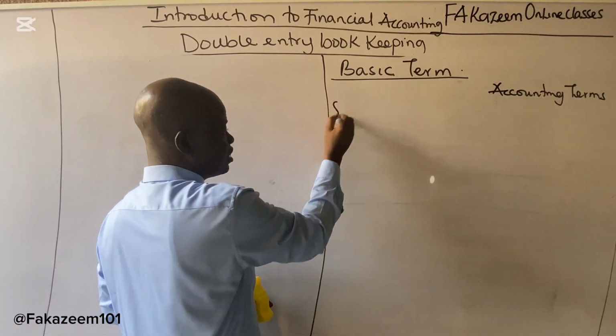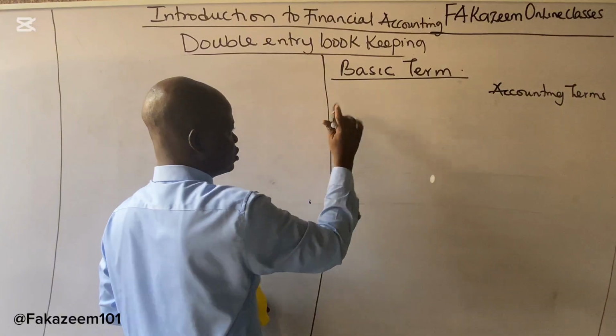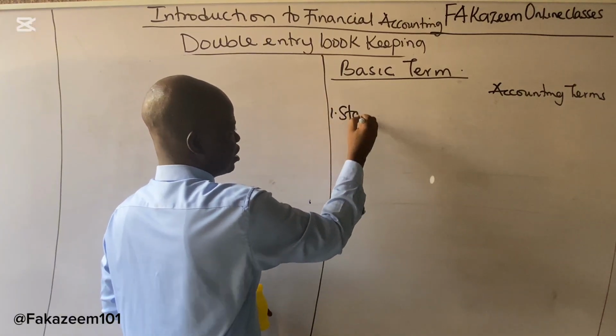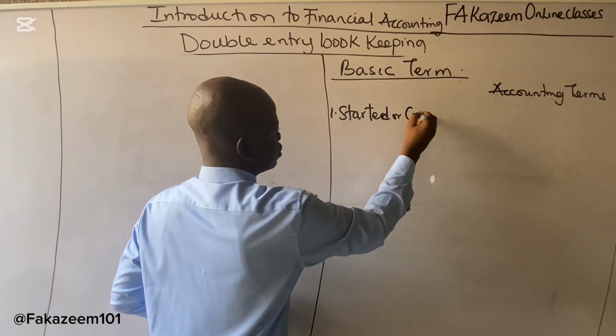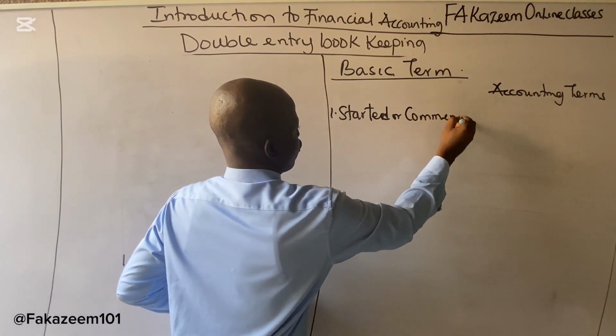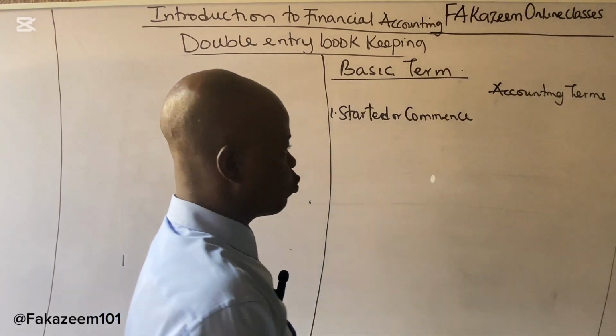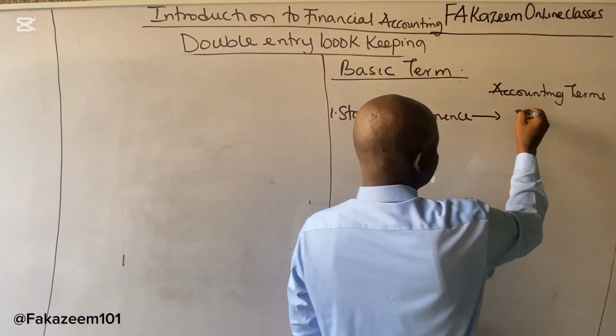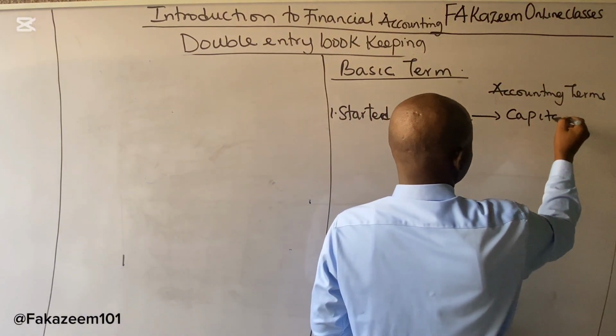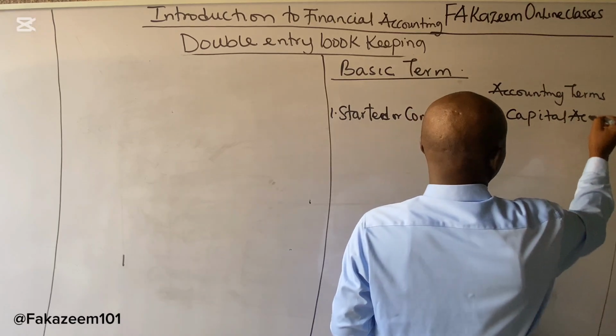In accounting, if we have the word started or the word commenced, when you are solving the accounting question, instead of writing started, what you are going to write is capital account.